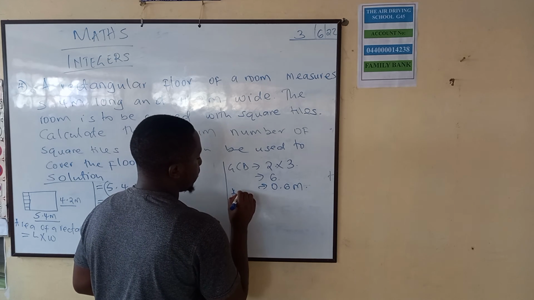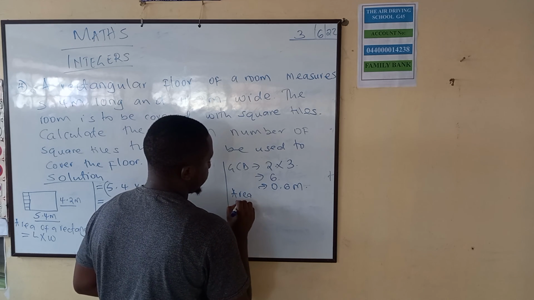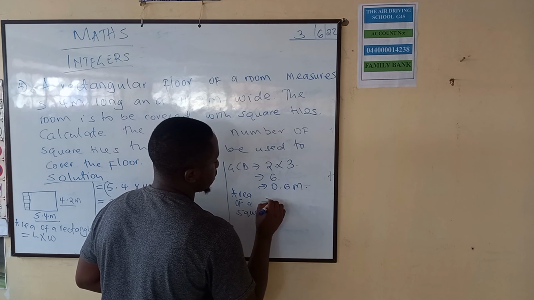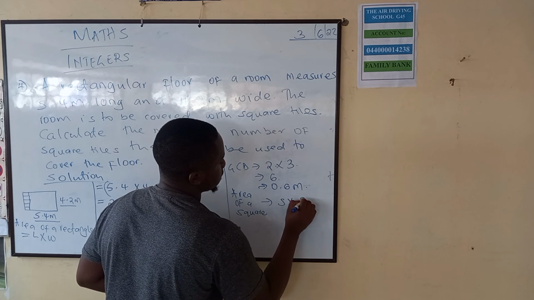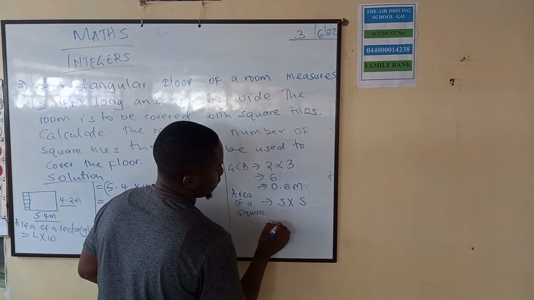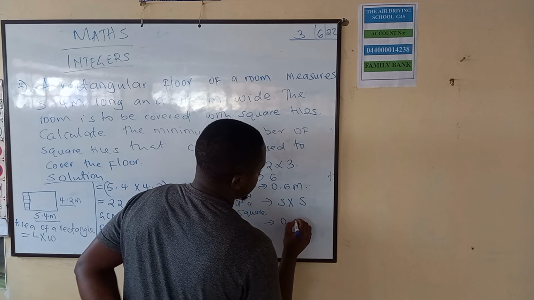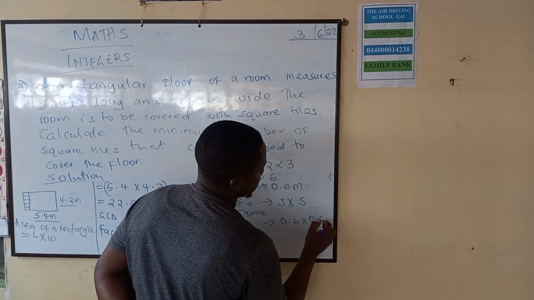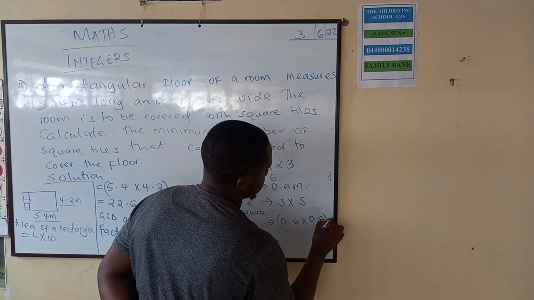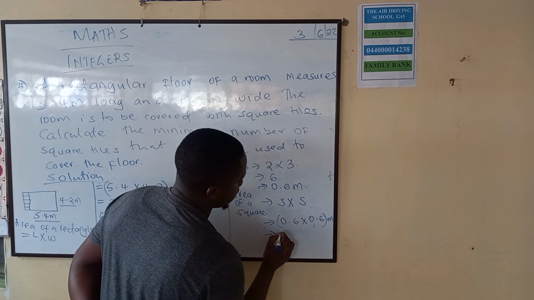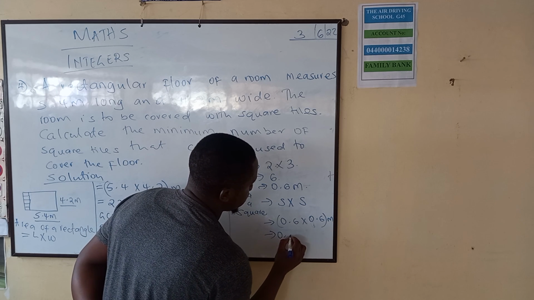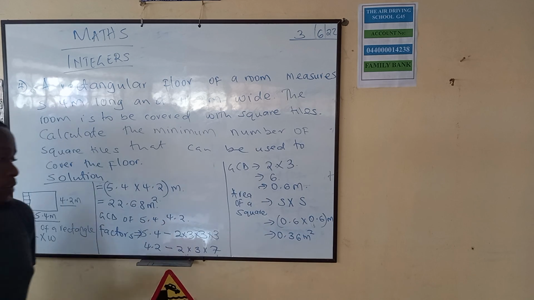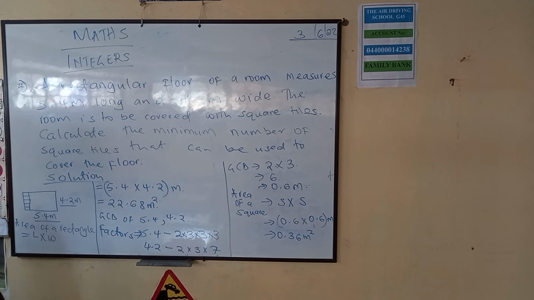Area of a square, you all know, is side times side. That makes our area 0.6 times 0.6 meters, bringing us to 0.36 meters squared.